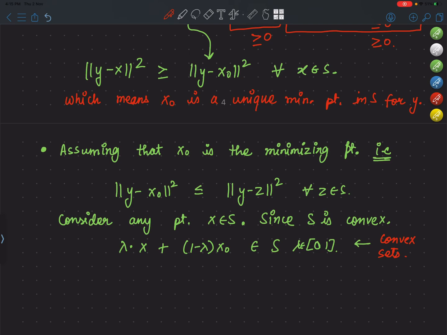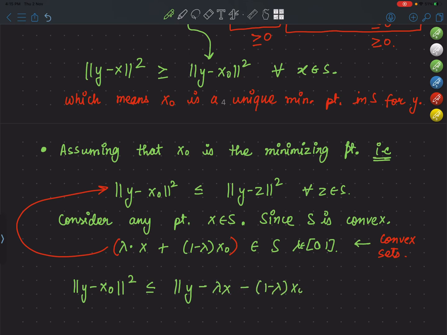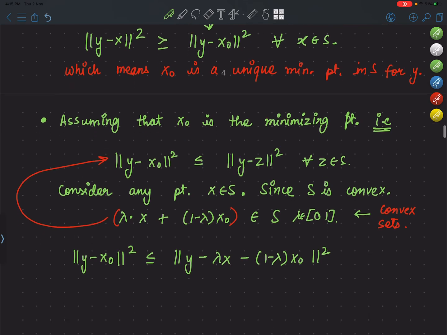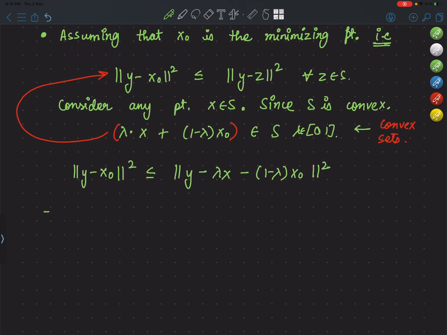Now let's put this point in. Let this point be called Z and put this point in the above condition. So ||y minus x naught|| square is less than or equal to ||y minus lambda x minus (1 minus lambda) x naught|| square. Now let's try to simplify this.